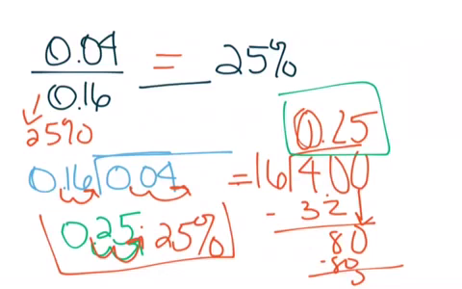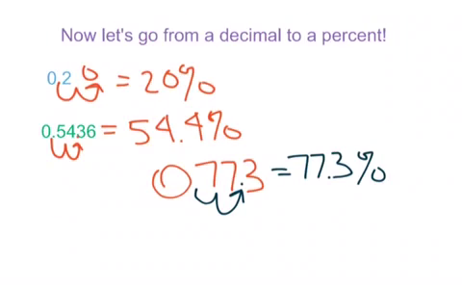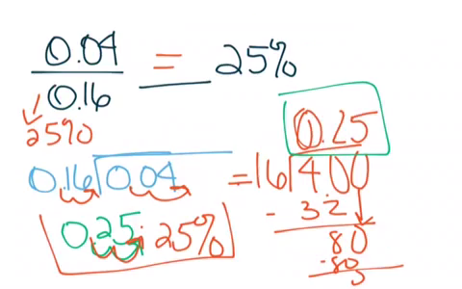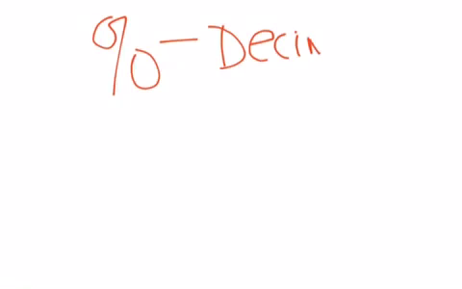Okay? So if we just backtrack here, there's a lot of stuff going on. What I want you to remember is this. Going from a percent to a decimal, you move that decimal point over 2 spots to the left.